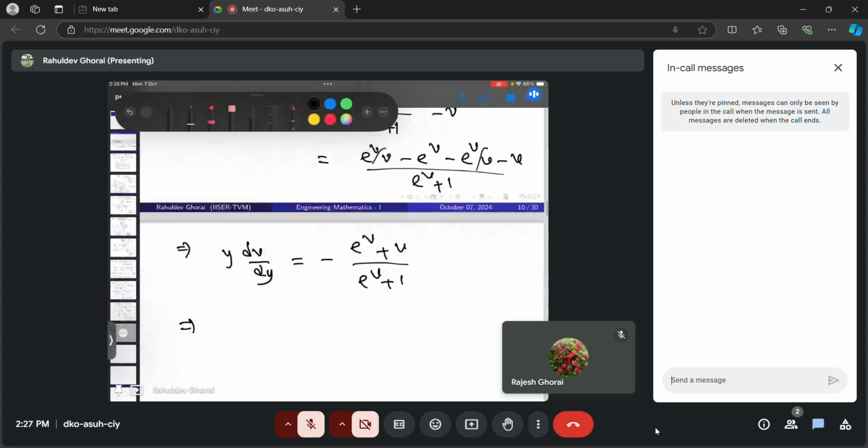What I mean is, if you have dy/dx equal to f of y over x type of function, try to take y over x equal to v in those cases. Not all cases will be solved, but most of the cases you can solve this way.